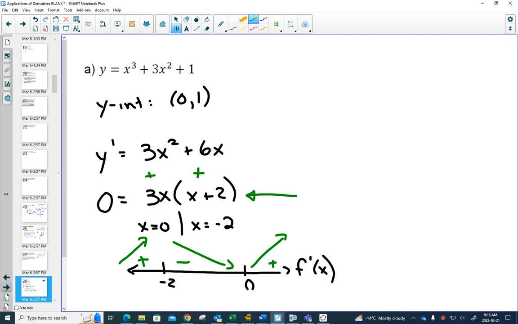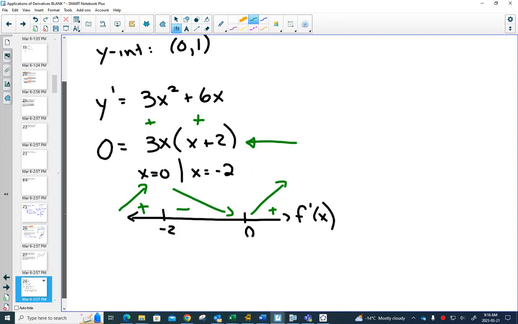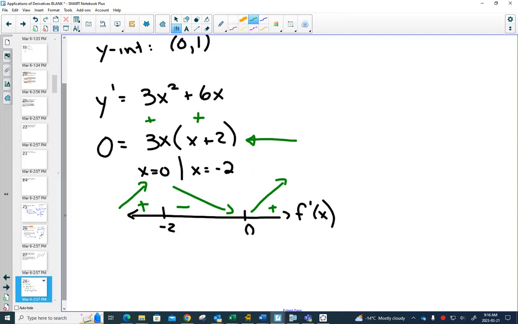This one has no stationary points of inflection. It only has maxes and mins. And so we would be able to say from the first derivative test, since at -2 it's equal to 0, and since it changes from increasing to decreasing, we know that -2 comma something is a local max. Okay?